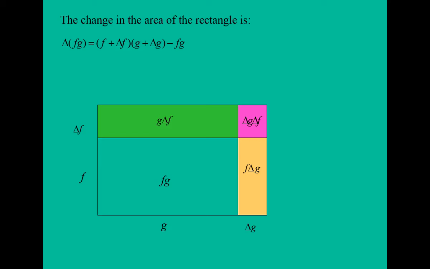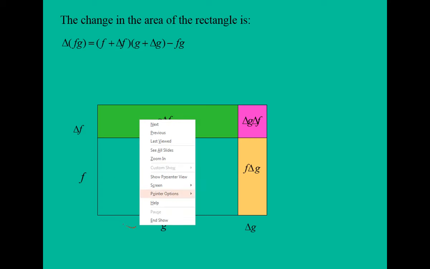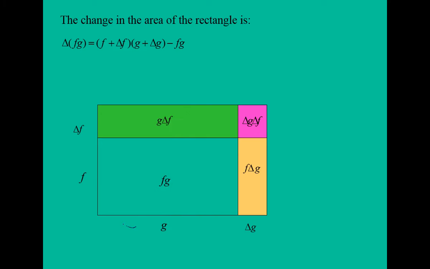Now if you take a look at this, if we multiplied this quantity out right here, we would have f times g plus f times delta g plus g times delta f plus delta f times delta g.